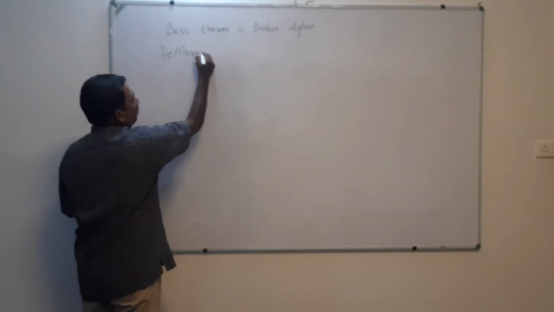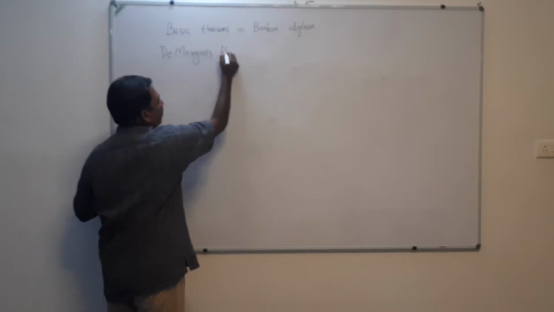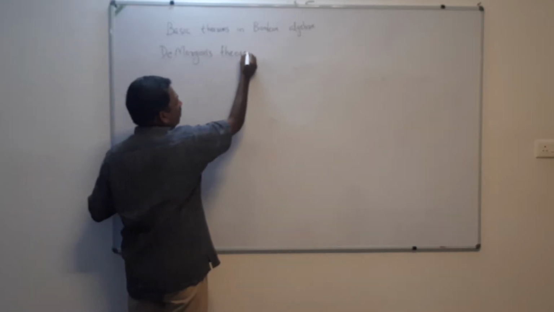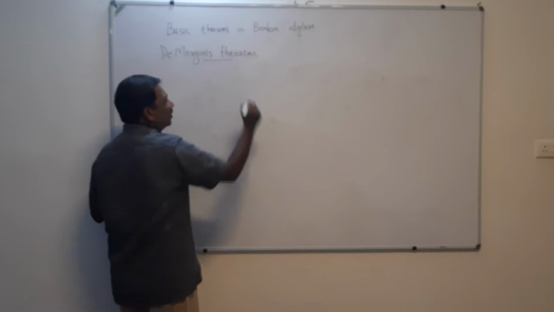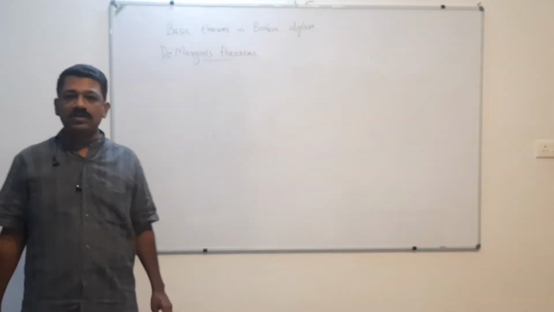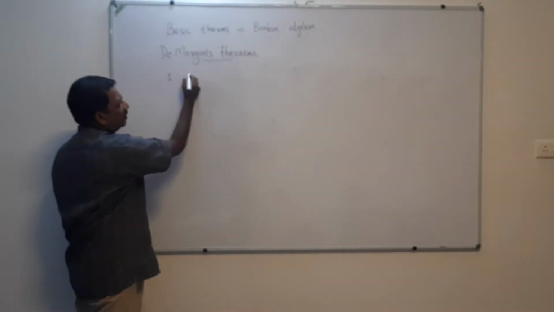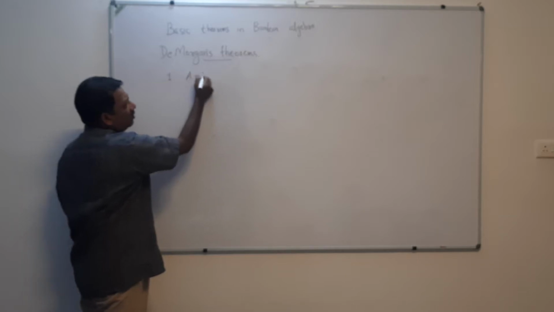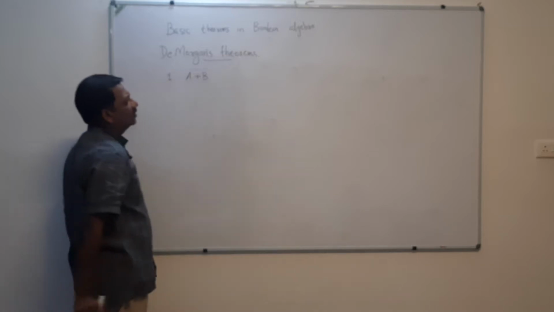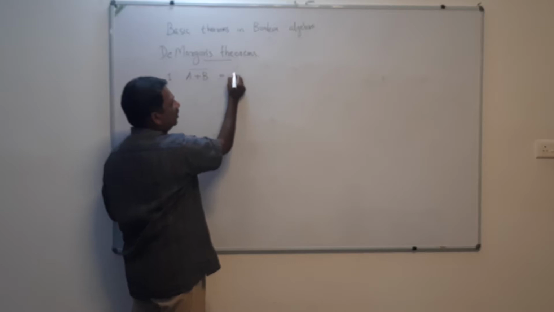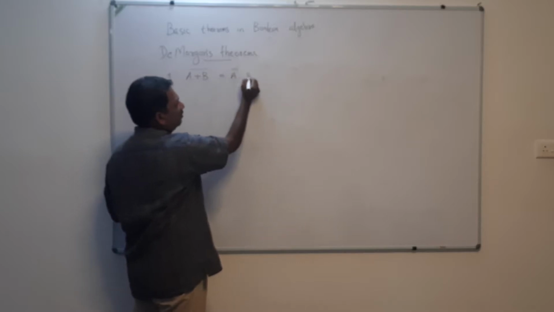De Morgan's theorems. There are two theorems as far as this is concerned. First theorem is: A or B the whole bar is equal to A bar dot B bar.